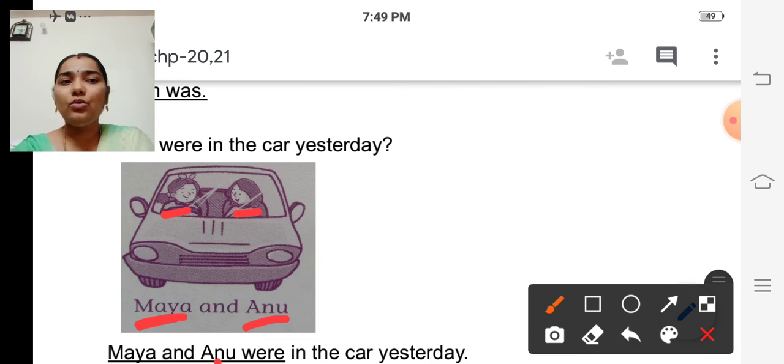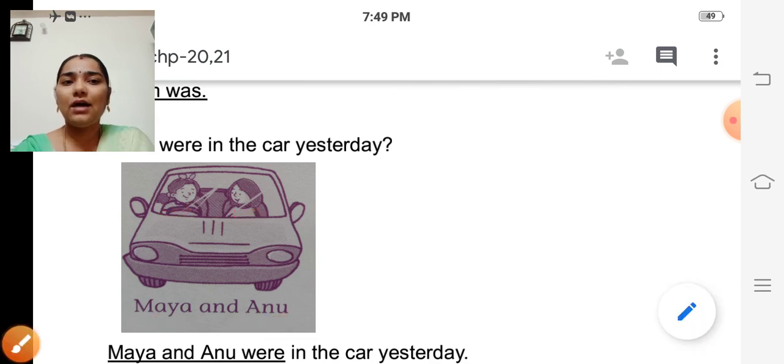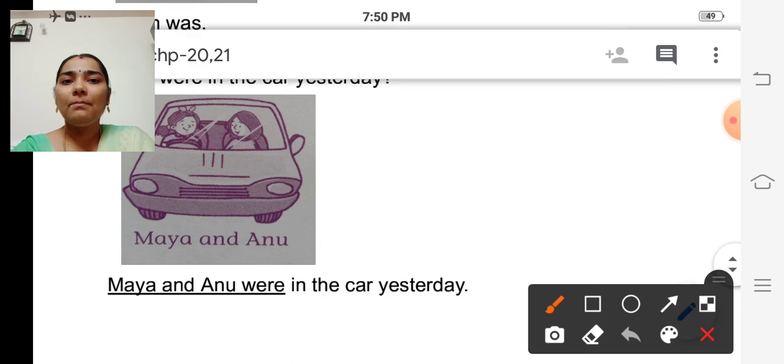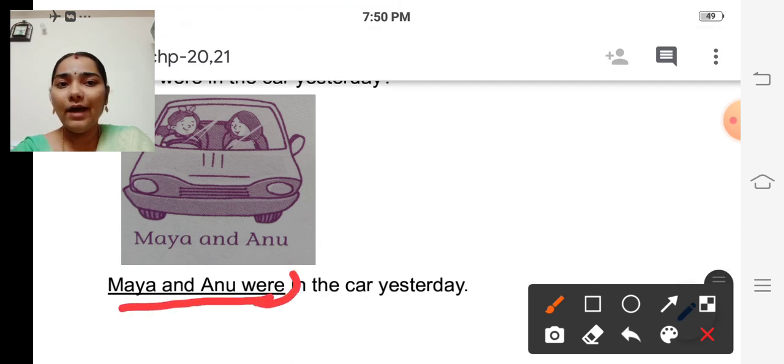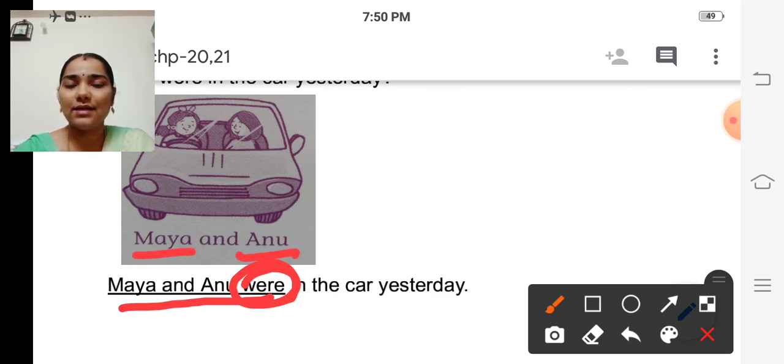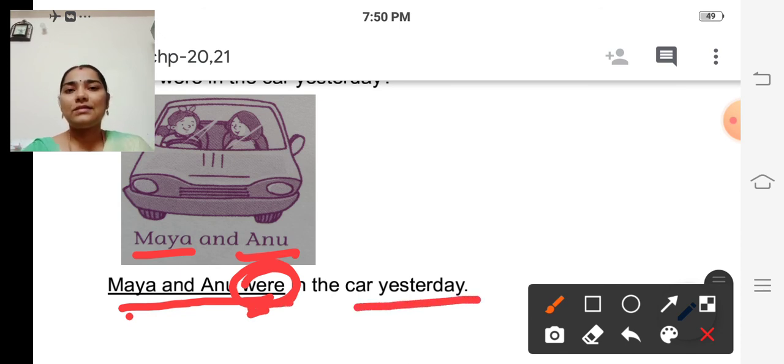Maya and Anu were in the car yesterday. Here we are using were because there are two persons, Maya and Anu, isn't it? So we have to use the verb were. So Maya and Anu were in the car yesterday. Is it clear, children? Yes.